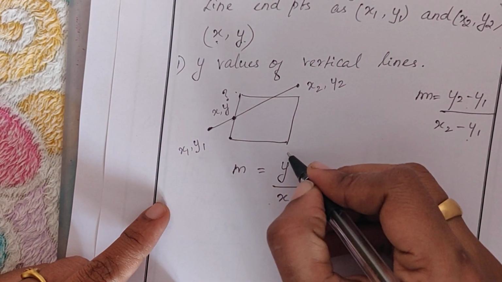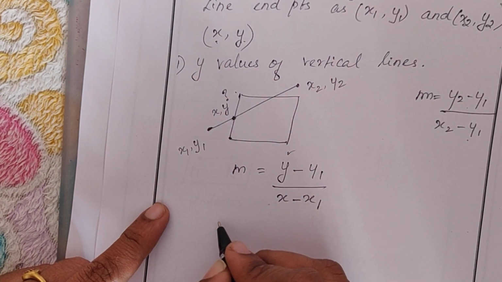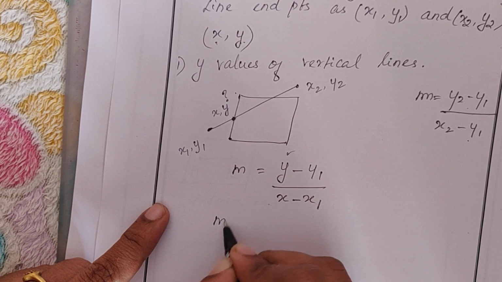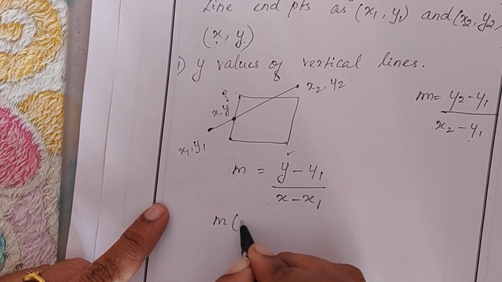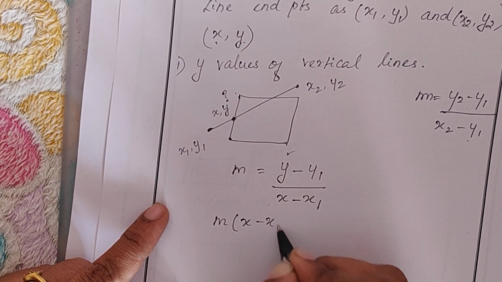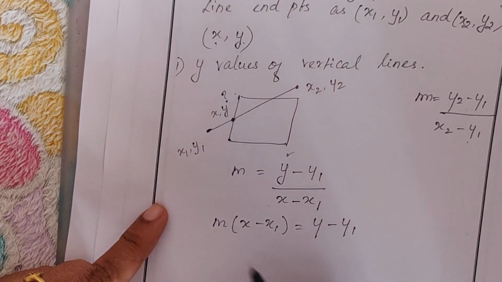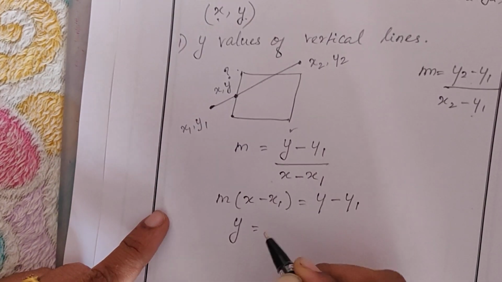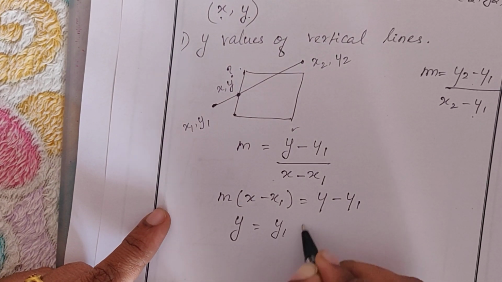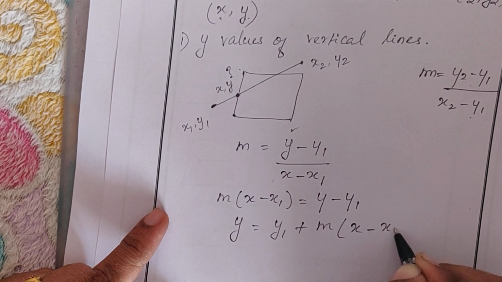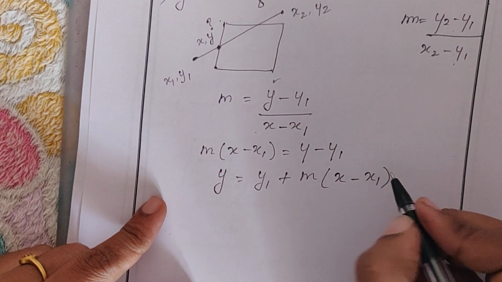From this, can I calculate y? So m into (x minus x1) is equal to y minus y1. From this, y will be y1 plus m into (x minus x1), right?